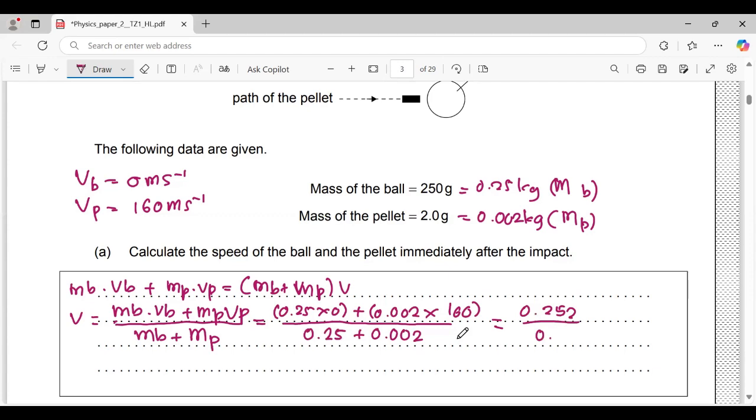Sorry, 0.252, this one. 0.252, and this is 0.32. And if you calculate this, it becomes 1.27 meters per second, at least.